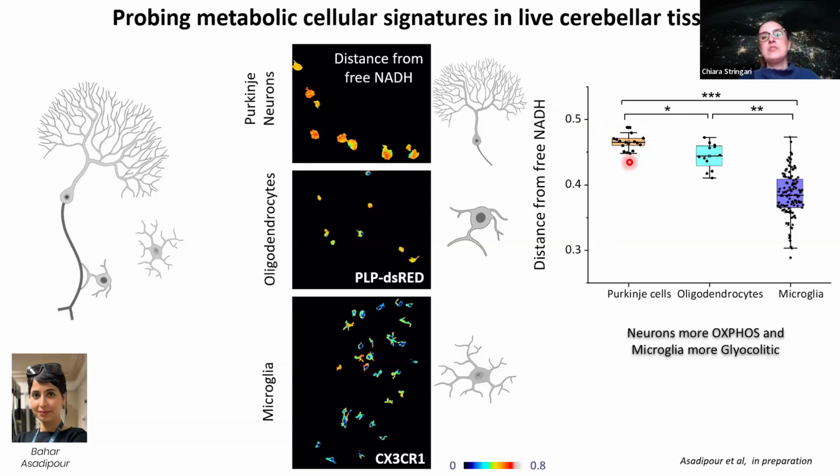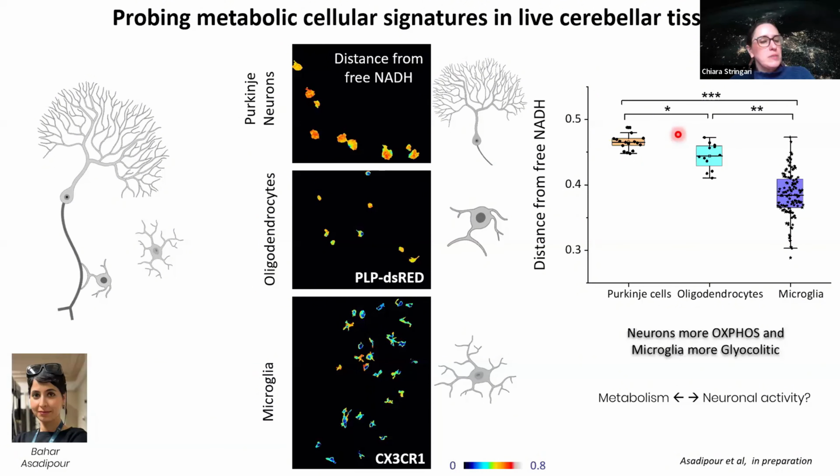That actually goes along with the need of a lot of energy and activity of the neurons. And the microglia are more glycolytic, and also oligodendrocytes are pretty glycolytic because they need to produce biomass very fast.